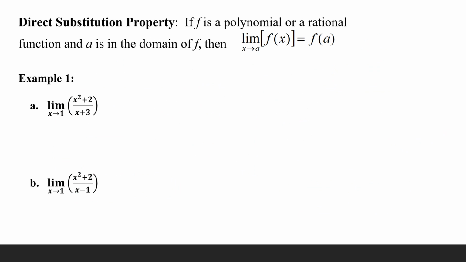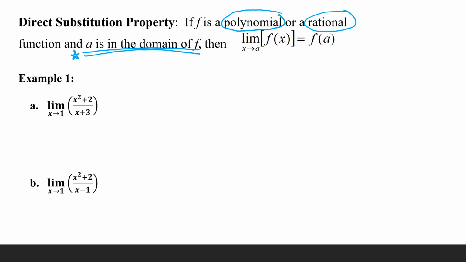In addition to the limit laws, another super useful property for evaluating limits is the direct substitution property. And this is if f being a function, the thing that we're taking the limit of, is a polynomial or a rational function, and a is in the domain of f, which is very important.